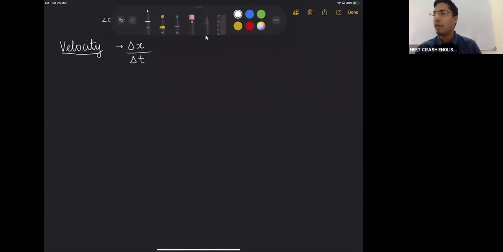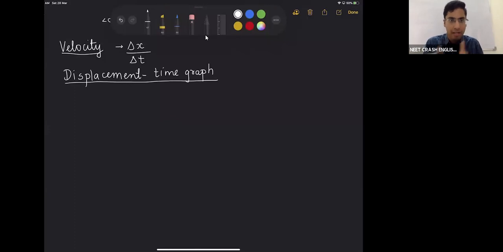If I take a displacement time graph, let's now try to represent both average velocity and instantaneous velocity in this graph.